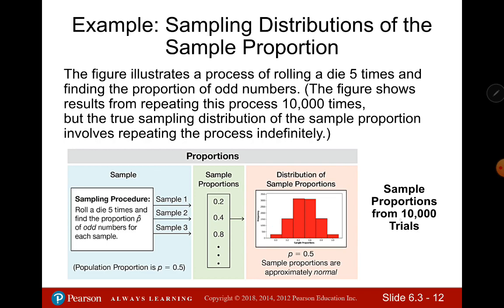If we repeat this procedure 10,000 times, then we use software to help us draw the histogram. We will realize the curve is just a bell-shaped curve, right? So this tells you they follow the normal distribution.